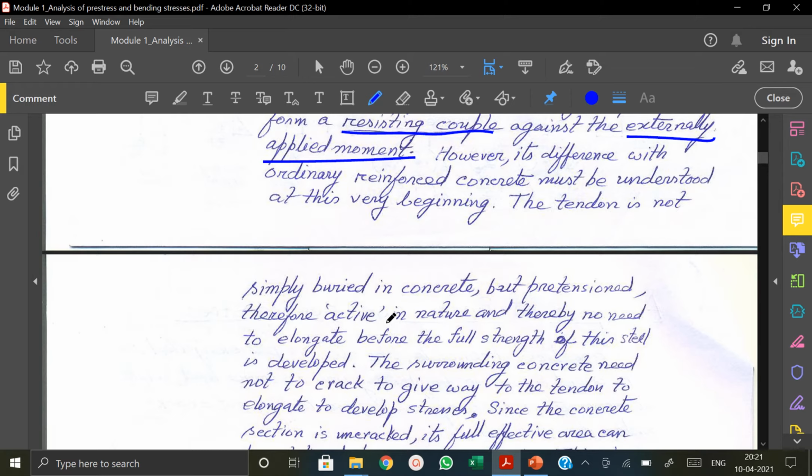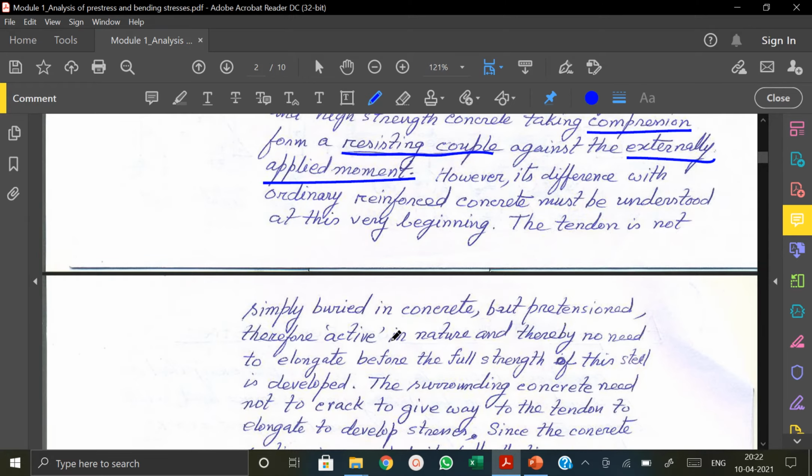In case of RCC, once the ultimate load or its yield strength is reached, only then will it elongate, or the strain will go to its ultimate strain. But here it's always in the active state. As a result, even after the application of the load, it won't be elongating, because it's already elongated.